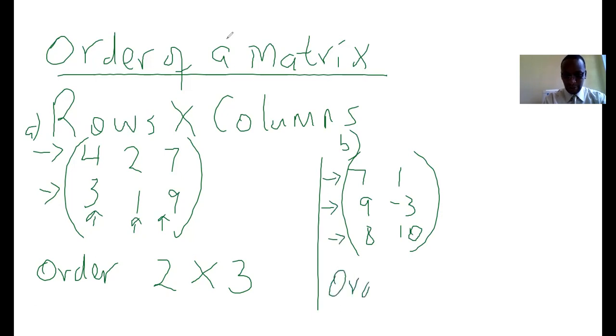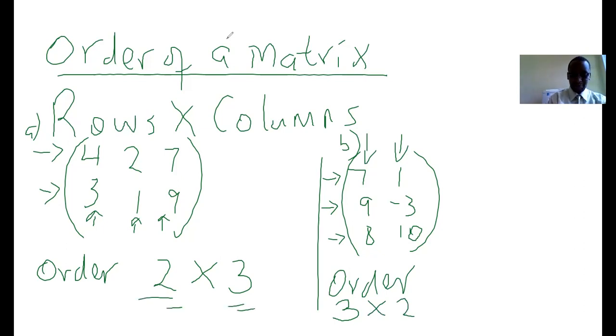So the order here is, the rows are 3. Then the columns are the verticals. How many are they? 2. So we write 3 by 2. You can see the difference. So the first one here is order 2 by 3. And the other one is order 3 by 2.